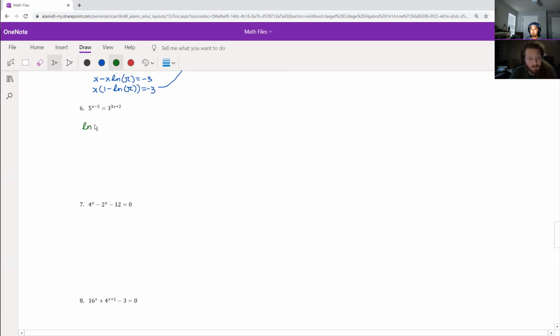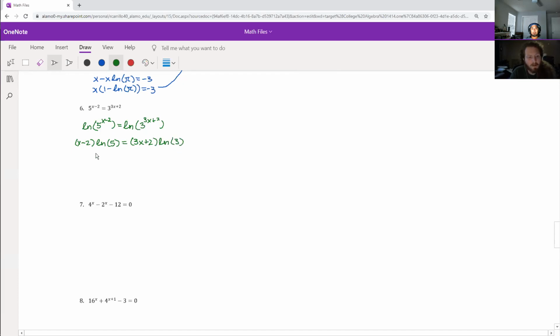We'll get ln of 5 to the x minus 2 power will be equal to ln of 3 to the 3x plus 2 power. By our power property, we'll get x minus 2 ln 5 is equal to 3x plus 2 ln 3.